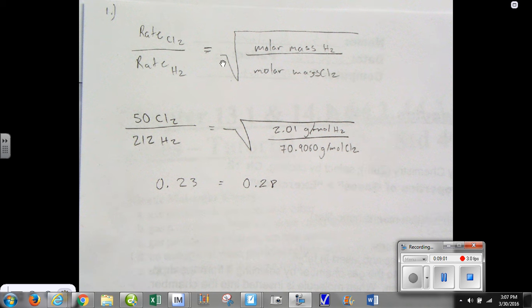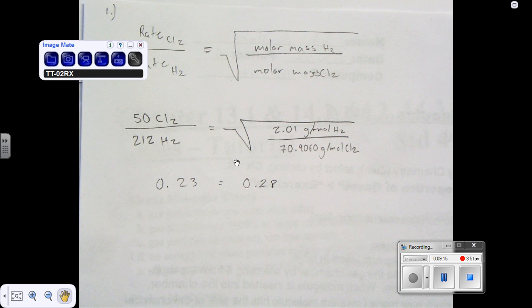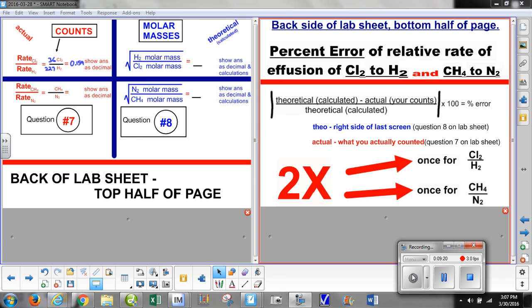Assuming that the molar masses were done correctly and that the square root was done correctly, this is reasonably accurate. Now when we run our other stuff back here in the real world, we have to look at our percent error. When we look at the percent error, the theoretical is what we get from the right side of this screen.